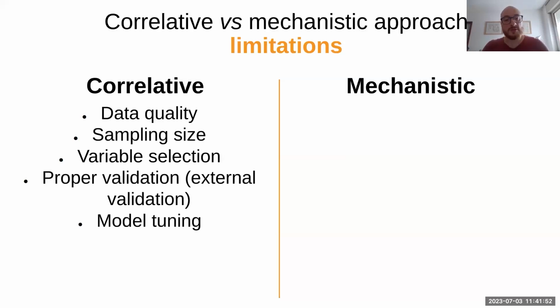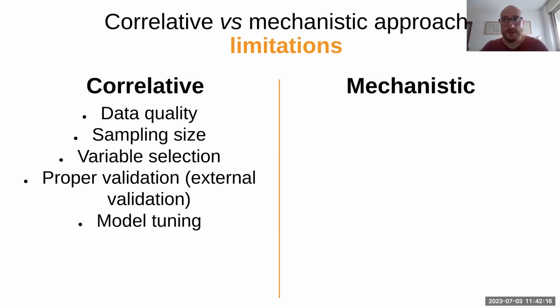Another issue is often the lack of a proper external validation. We don't often have the data to validate this model properly. We often use just a subset of the training data set, and this might impact also on the validation of the model itself.